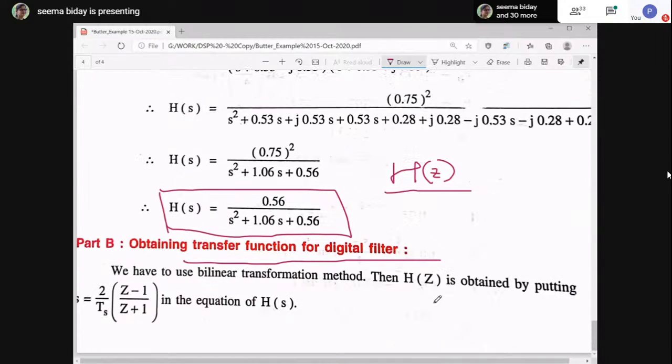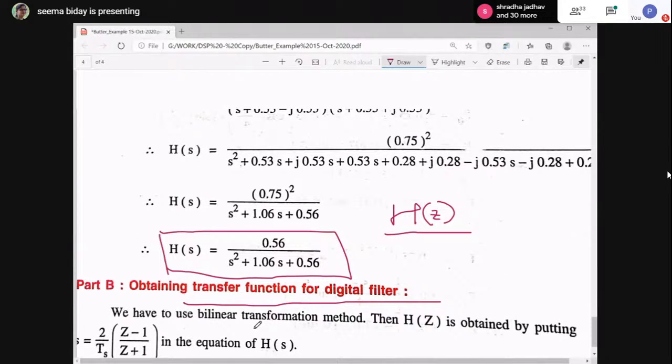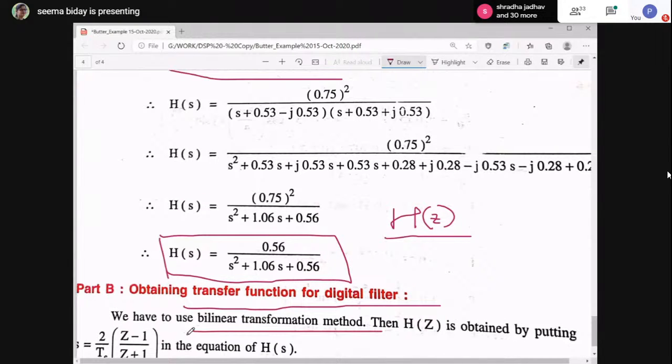Now I will leave this to you. Solve and write down in the chat box how you are going to do it using the bilinear transformation method. Tell me. All the students should answer for attendance.